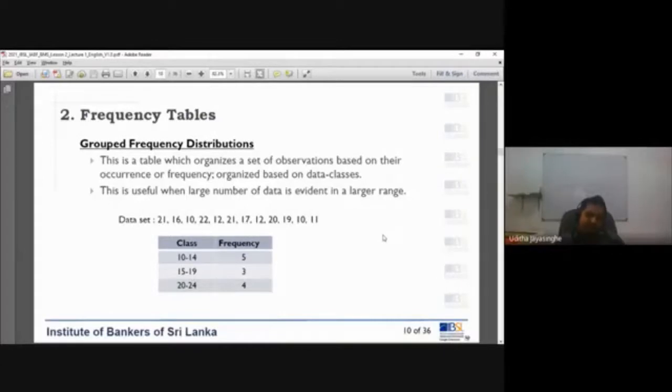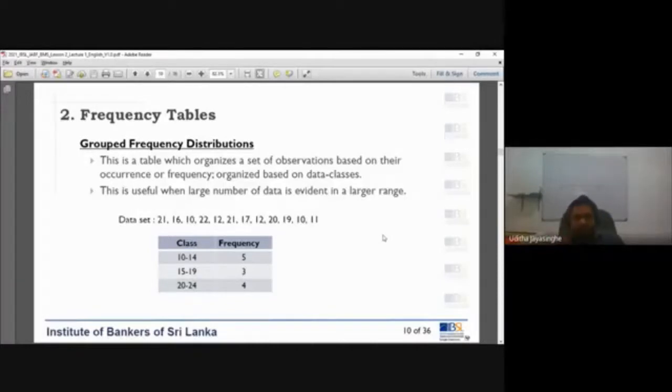So classes are nothing but the range of another data set. So here you may see data from 24, 21, 17, 11. If you look at the individual frequency occurrences, sometimes you may see 11, 1, 10, 1, 13, 2 items, 17, 1 item. So if you just put them in individual ungrouped frequency distributions, still it may be pretty much similar to what your real raw data form is all about.